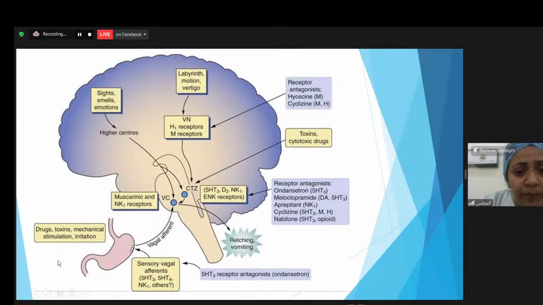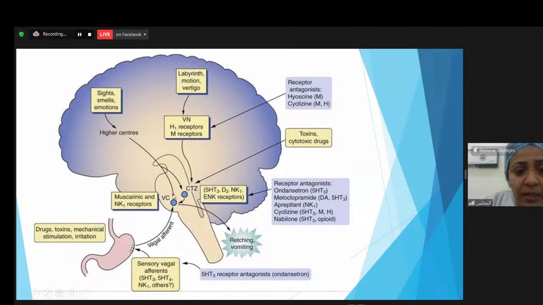As you can see, this is the brainstem, we have the medulla, and we have the pons above the medulla. In the medulla, we have the vomiting center, which is the main center for triggering vomiting, and the main receptors we find here are the muscarinic receptors.